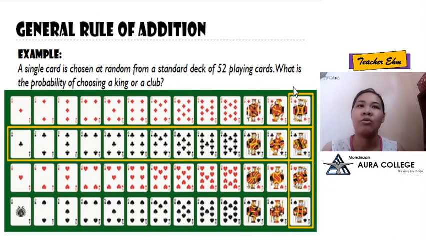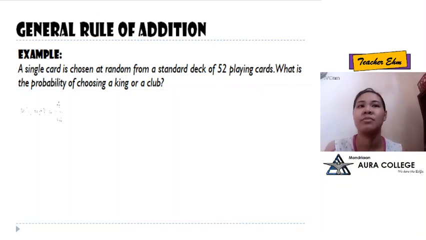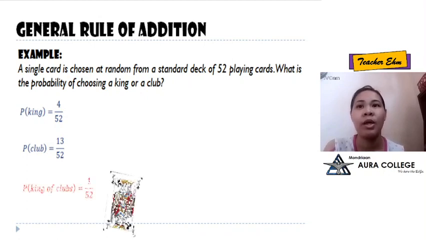Meron tayong 13. Kung mapapansin nyo, sa clubs meron tayong king of clubs, so nangyari yung dalawang event ng sabay. So probability of getting a king is 4 over 52, dahil meron tayong 52 playing cards. Probability of club is 13 over 52. At probability na makuha natin yung king of clubs ay 1 over 52.